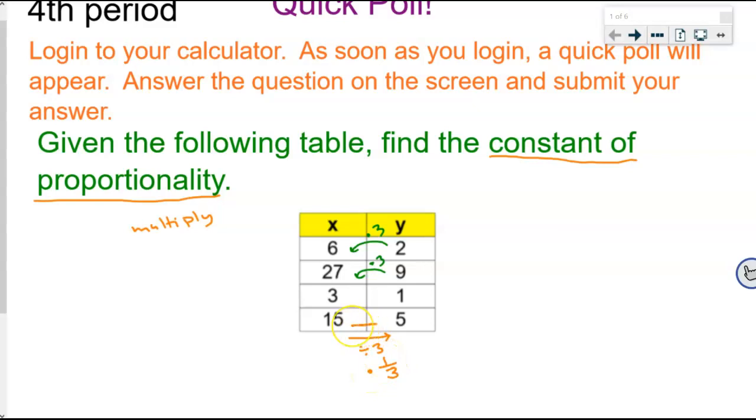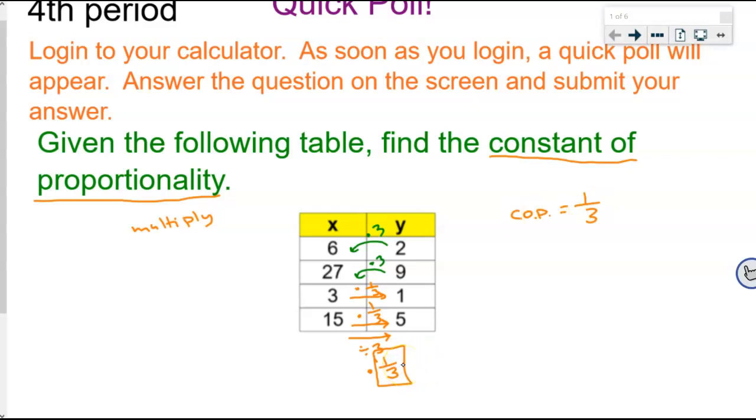So as I go forward across this table, I'm multiplying by 1/3. 3 times 1/3 is 1. 27 times 1/3 is 9, and so on. What I should have typed into the calculator is 1/3. The constant of proportionality, the COP, is 1/3.